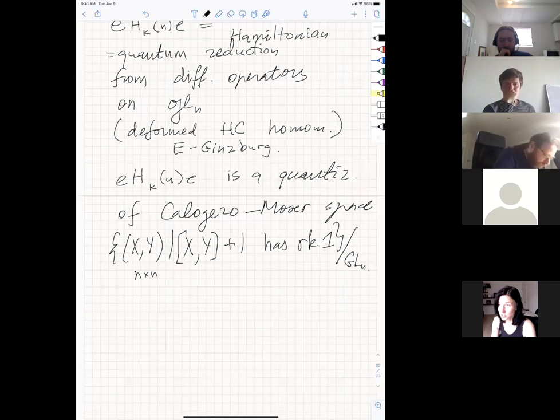So this is a quiver variety. It corresponds to V being n-dimensional. It's a Nakajima quiver variety: V is n-dimensional, W is one-dimensional. And then basically you have this kind of quiver, the Jordan quiver.